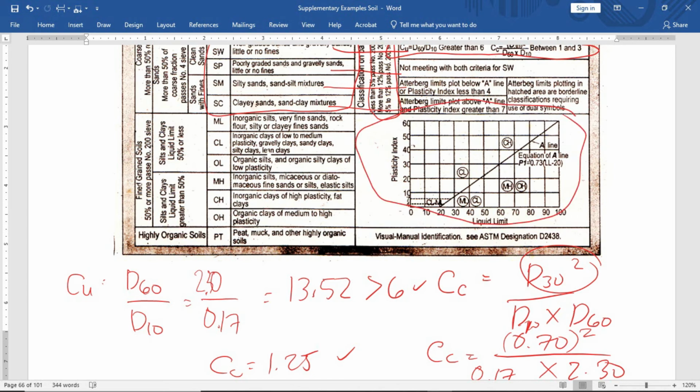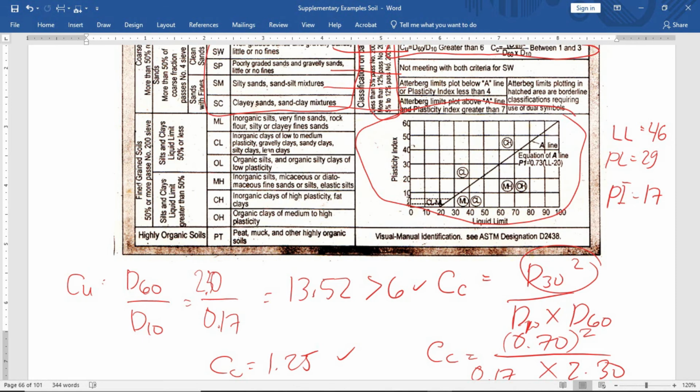So, may LL tayo na 46. Tapos may PL tayo na 29. Since PI ang kailangan natin, so LL minus PL is 17. So i-graph lang natin naman.